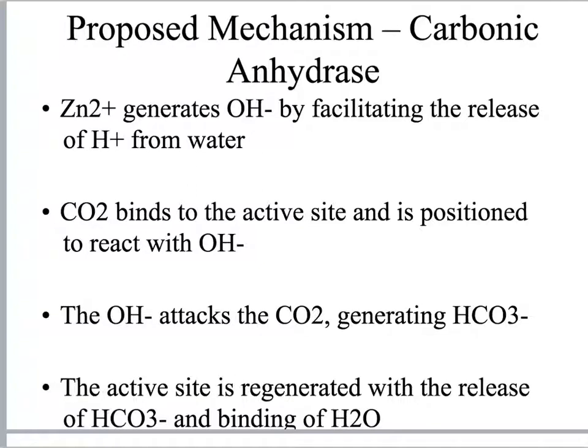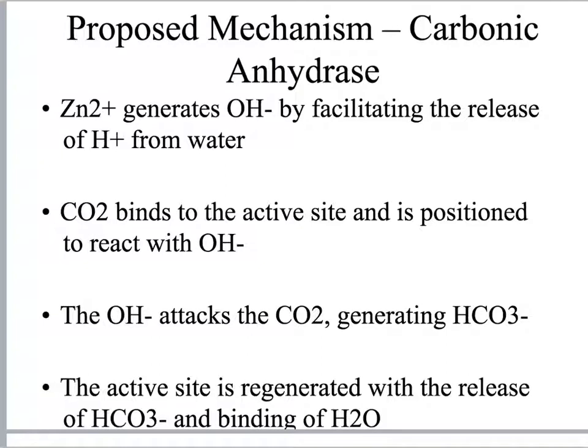Based on experimental data, the binding of the zinc atom to water will end up lowering the pKa value, and this makes water much more likely to give up its hydrogen ion, and it becomes a hydroxide ion. That hydroxide can serve as a nucleophile, so it can participate in nucleophilic attack. So zinc generates hydroxide by facilitating the release of H+ from water.